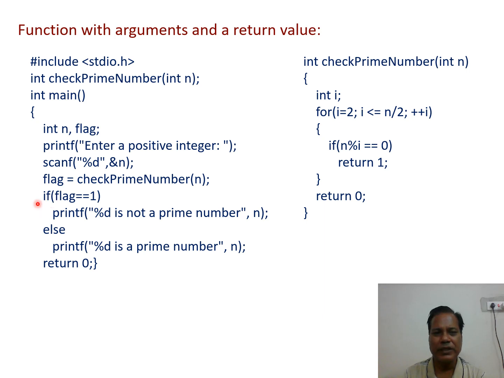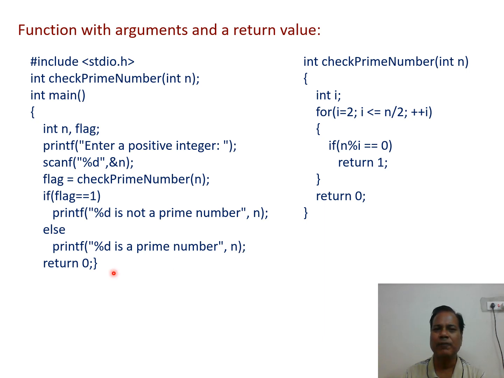So depending on this if else statement, if flag equals 1, then percentage d, that is the value of n, "n is not a prime number", else "n is a prime number" is printed.